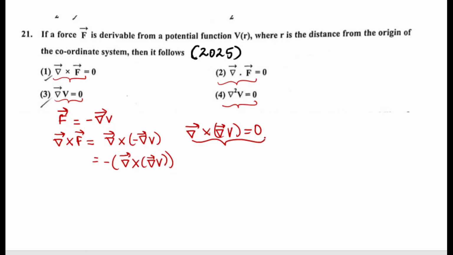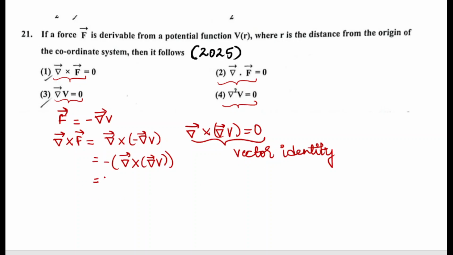It is a direct formula from the vector identities. We have curl of gradient of any scalar, it can be phi here, and potential is also a scalar, any scalar, it is equal to 0.